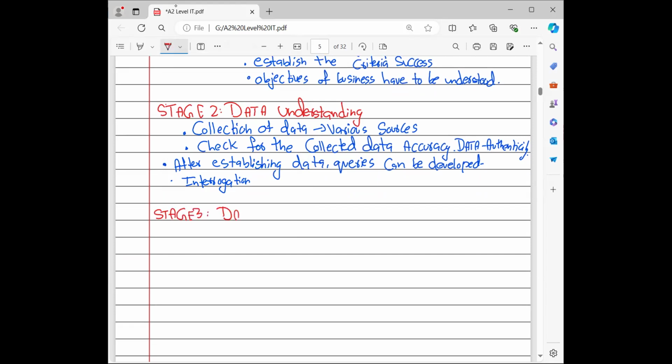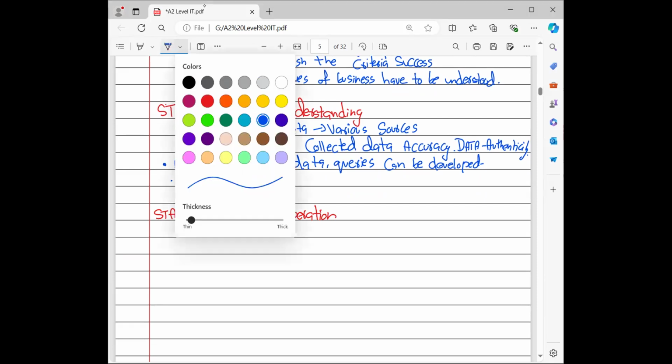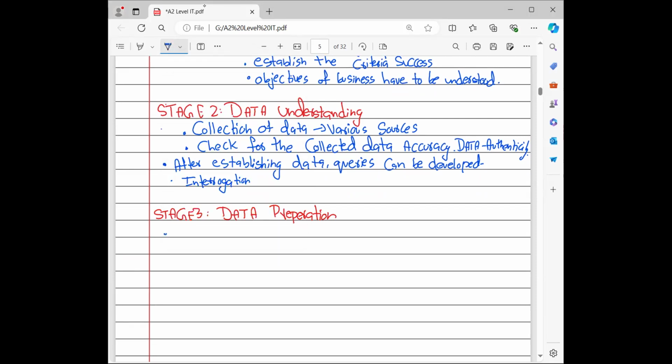Your third stage is data preparation, and this is one of the largest stages in the project, and it is one of the most time consuming as well.